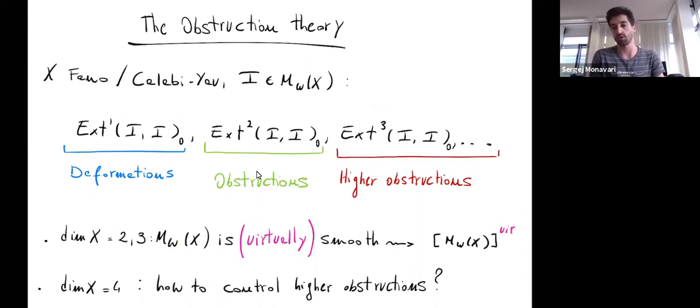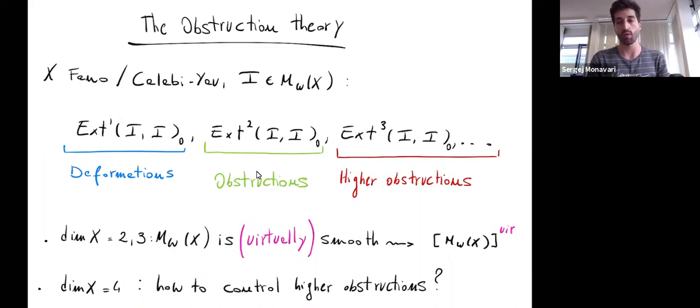As soon as we have such a nice setting, roughly speaking, we can use the machinery of Behrend-Fantechi and Li-Tian of perfect obstruction theory to produce virtual fundamental classes. And as soon as you have virtual fundamental classes, you know how to define invariants, because you just have to integrate some classes against this class.